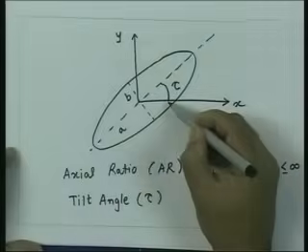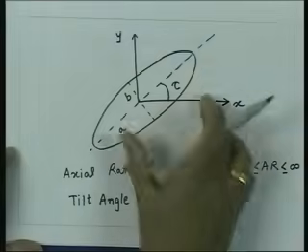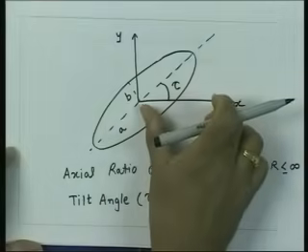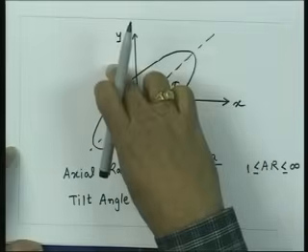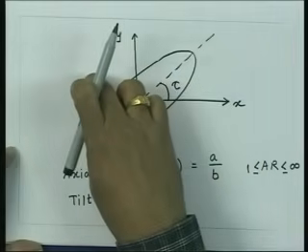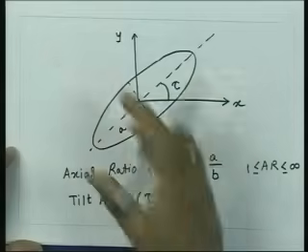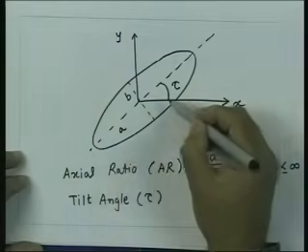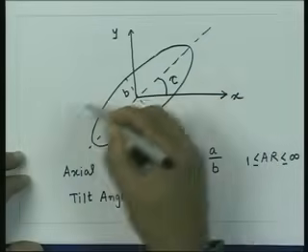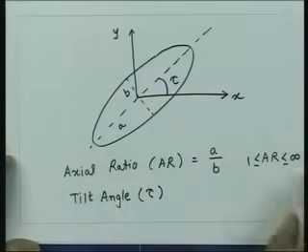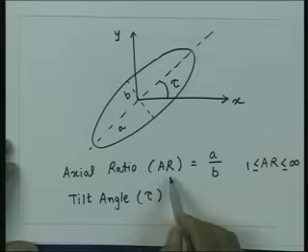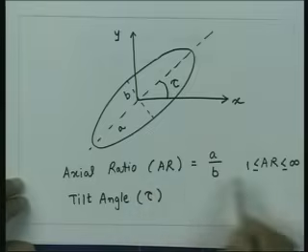And the tilt angle tau, if you rotate this axis, we start from 0 here, when tau becomes equal to 180 degrees, that is the maximum ellipse you can have, because beyond that there is a symmetry there. So, the range of tau is from 0 to 180 degrees, and the range of the axial ratio AR is from 1 to infinity.